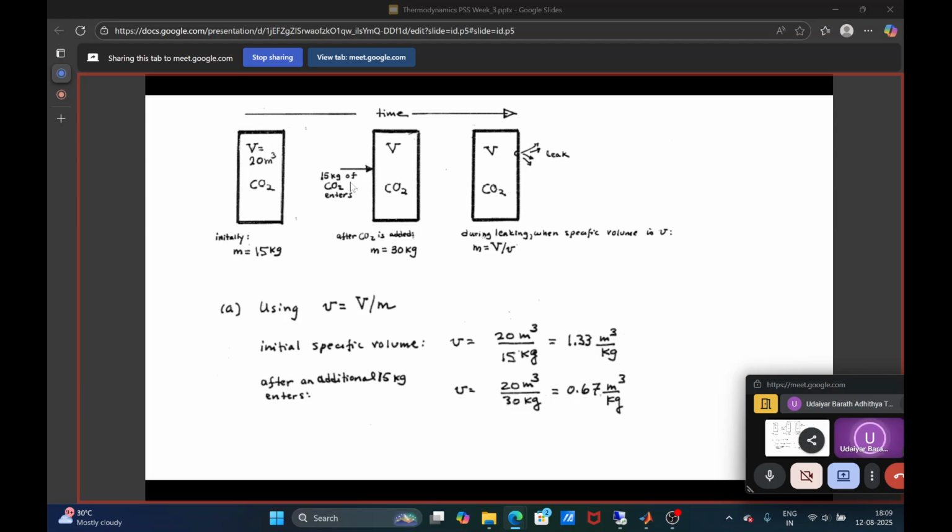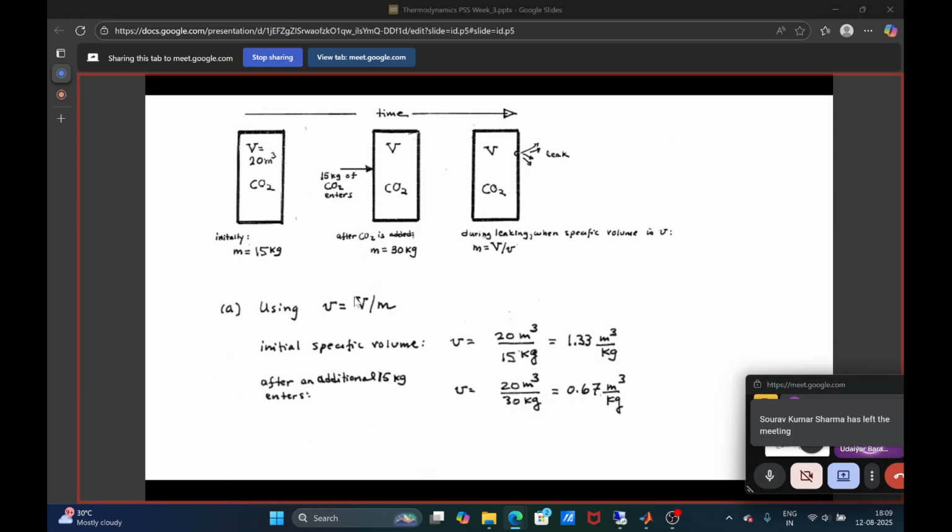Then you add an additional 15 kgs of CO2, so the net mass becomes 30 kg, and then a pinhole is generated and the leak starts. For each case you need to find the specific volume and how it varies with respect to the leak.